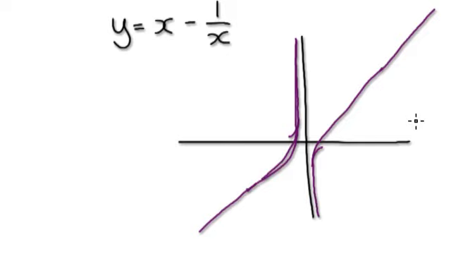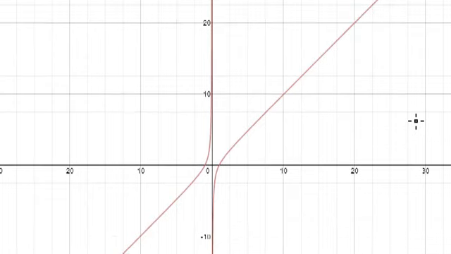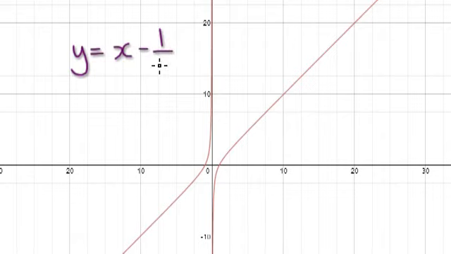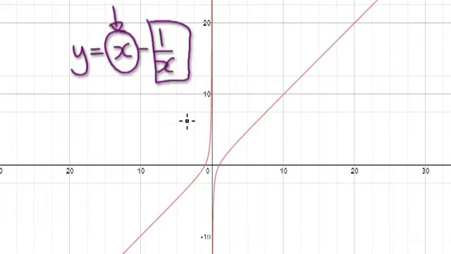Okay. So the moment of truth, let's check it. So this graph here is actually y equals x minus 1 over x. You see, when x is big, this term here dominates because this term here is a lot bigger than this term when x is large.